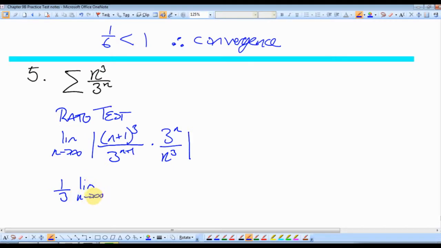Limit as n approaches infinity of, same thing as before, n cubed plus 3n squared plus 3n plus 1. The first one's squared, the second one's normal, over n cubed.